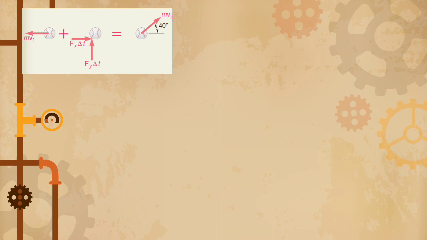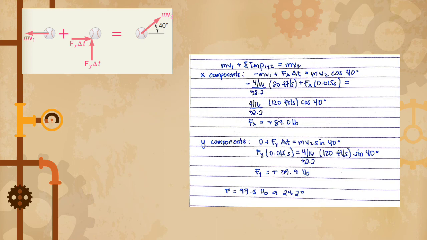In getting those two forces, we will use this as our working equation: m times v1 plus summation of Imp sub 1→2 is equal to m times v2.